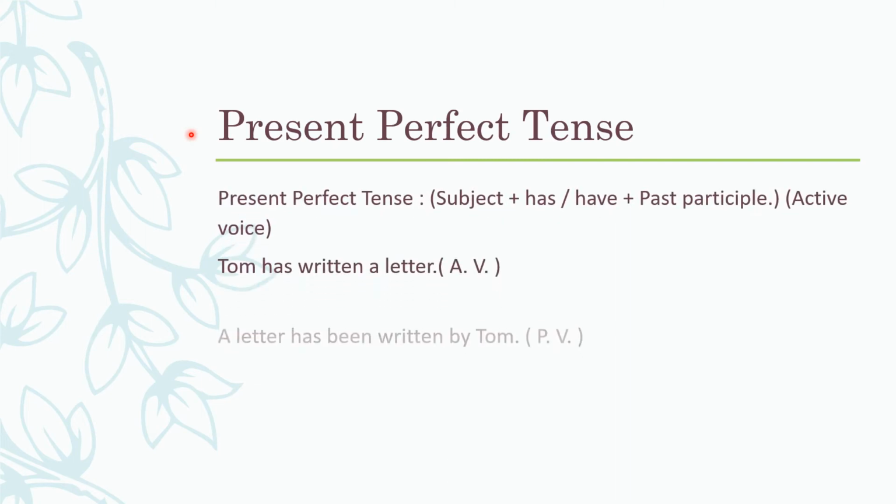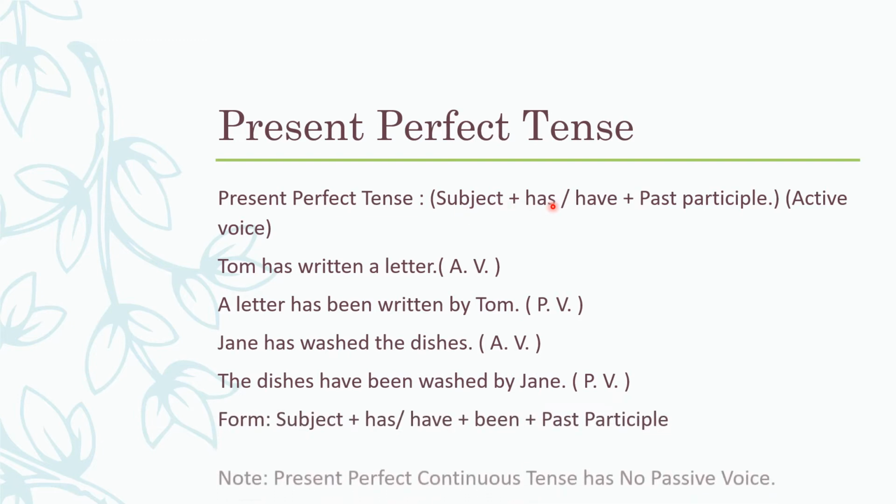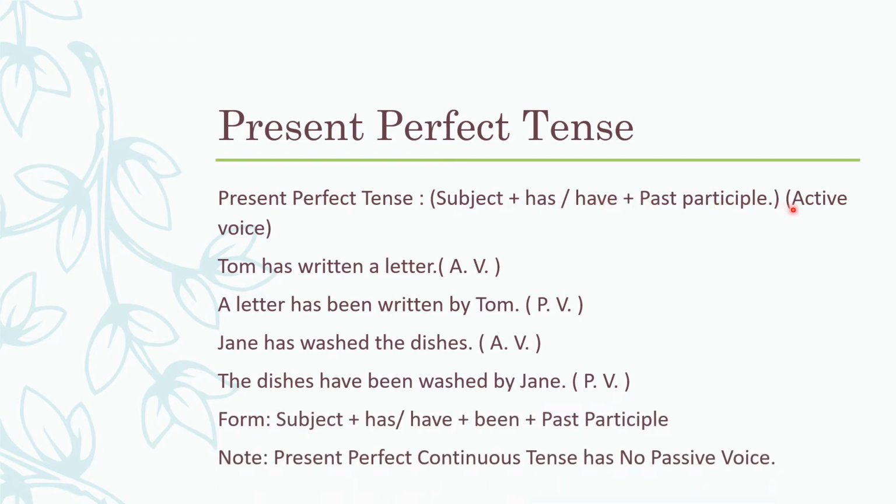Present perfect tense. The form of the present perfect tense: subject, has or have, plus the past participle, active voice. Look at the following sentence. Tom has written a letter. This is in the active voice. Subject, Tom, has, written is the past participle, and this is the object. We have to change this into the passive voice.